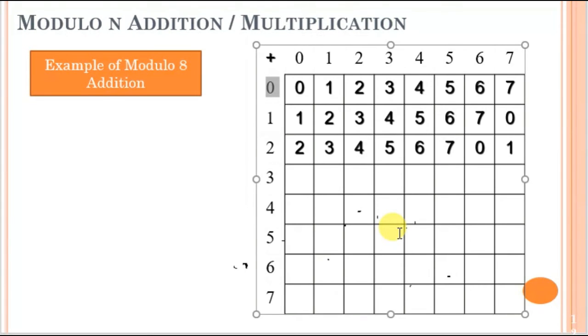If we find the identity element and it is found in each row, then it follows the inverse property. But if the identity element doesn't match in a single row or more than one row, then the abelian property is not satisfied.